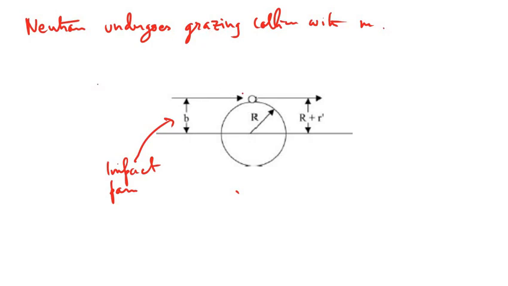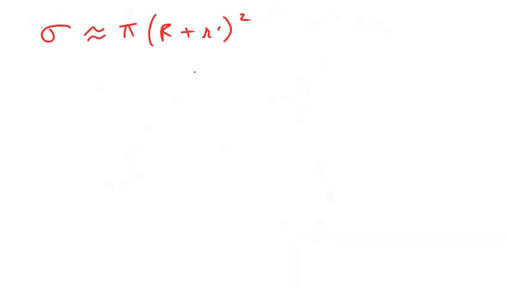This is my projectile and this is the target. The projectile's radius is say r prime, the target's radius is say r. So b is equal to r prime plus r. So this is the cross section I have written.